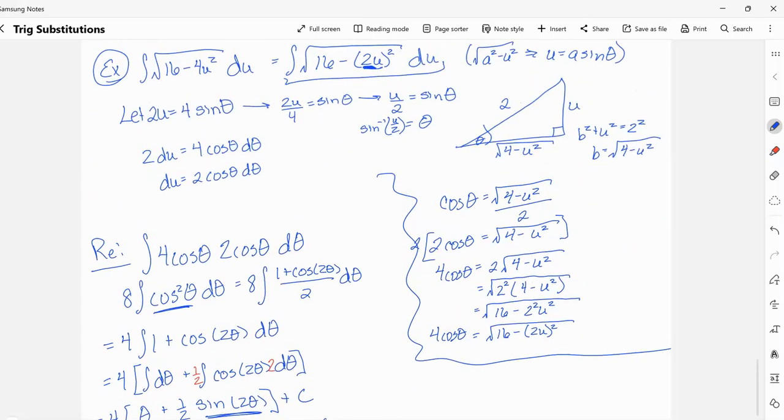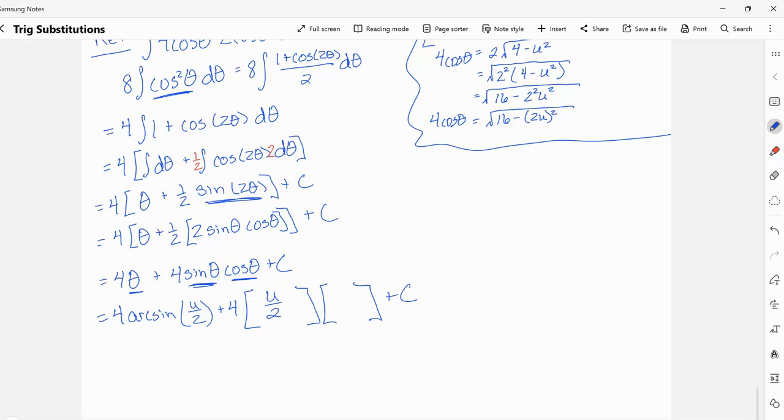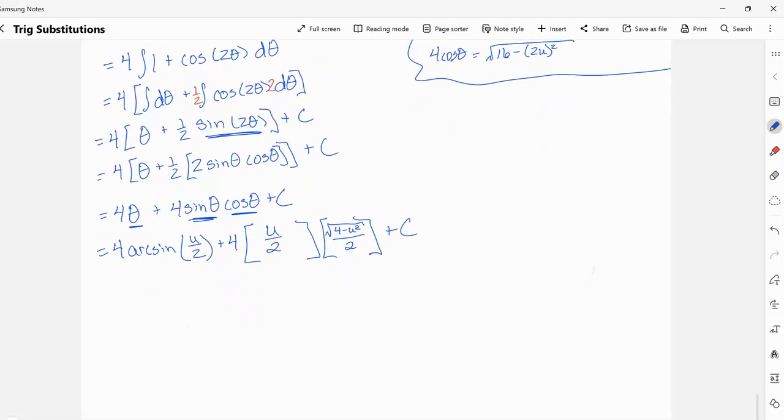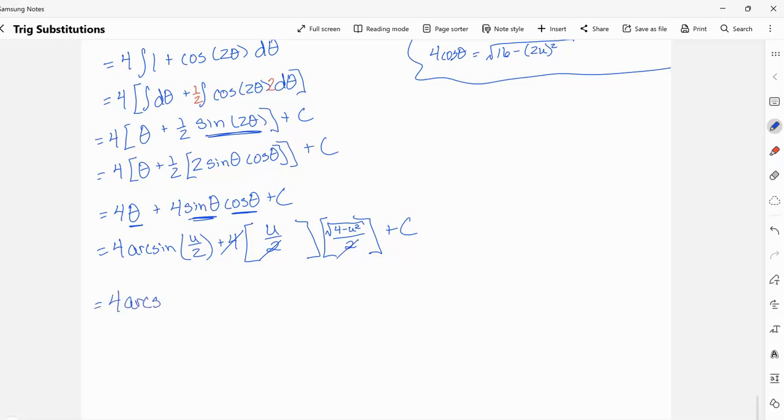Cosine is adjacent over hypotenuse, so the square root of 4 minus u squared over 2. And you can see how we can clean this up. That 4 is going to reduce with that. So we have 4 arc sine of u over 2 plus u square root 4 minus u squared plus c.